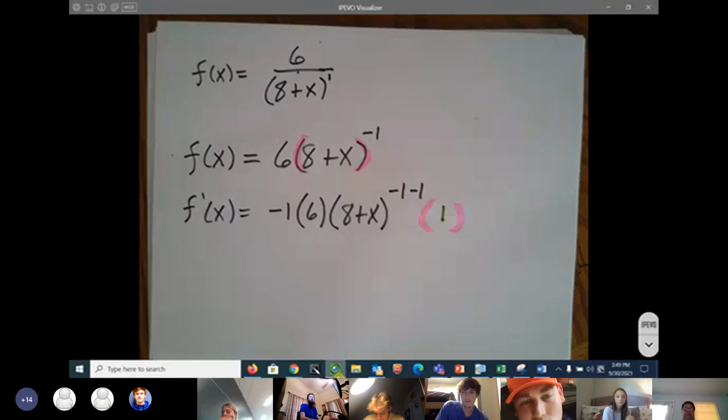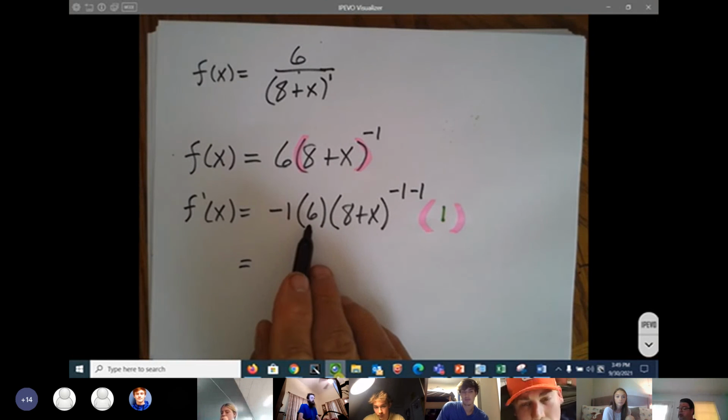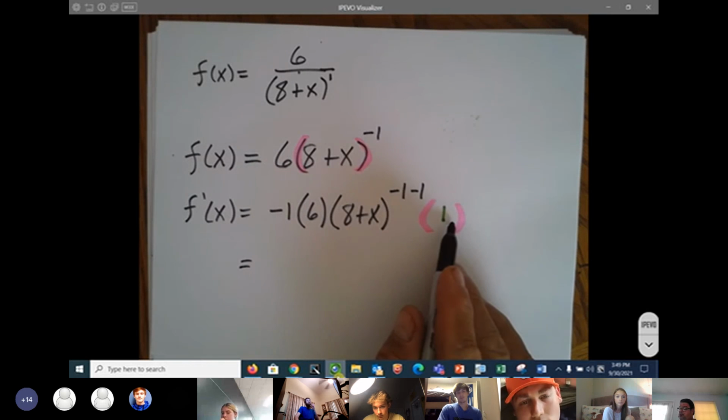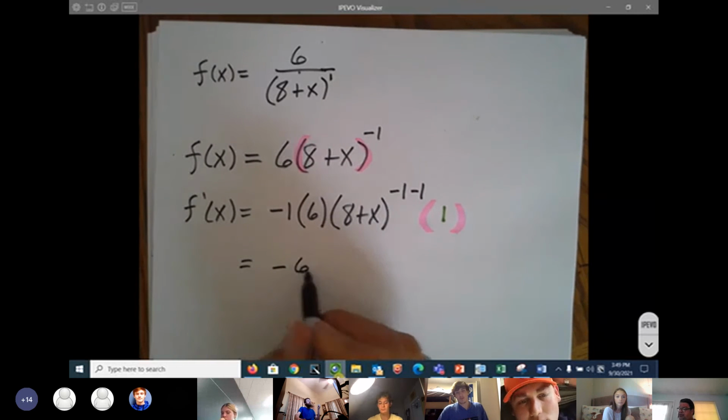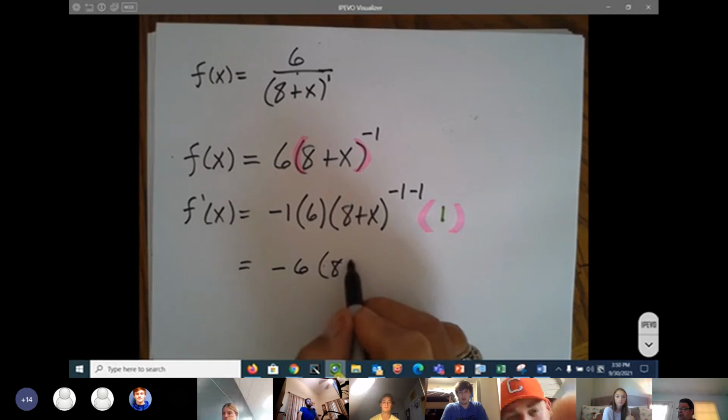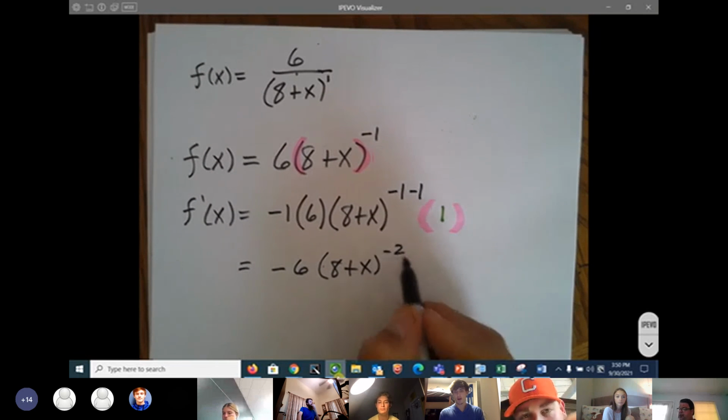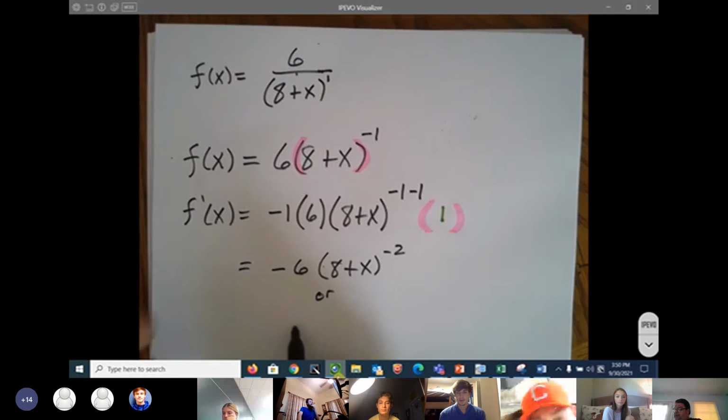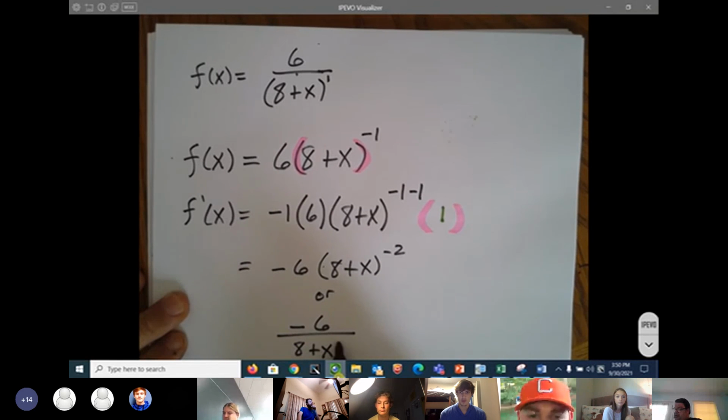Now you just clean it up. Negative 1 times 6 is negative 6, times 1 is negative 6, times (8 plus x) to the negative 2, or negative 6 over (8 plus x) to the second power.